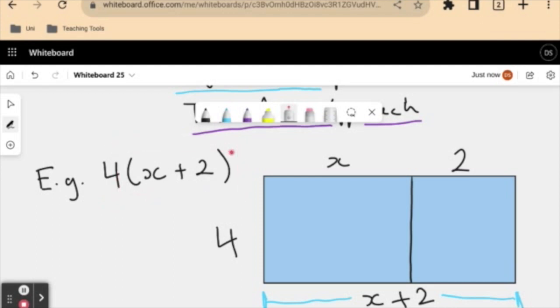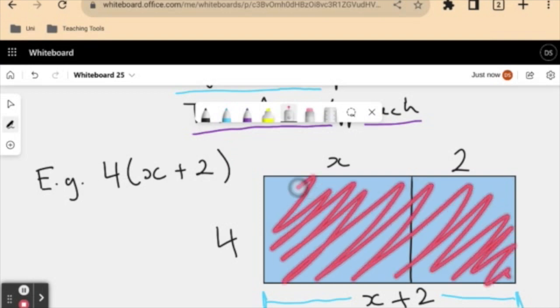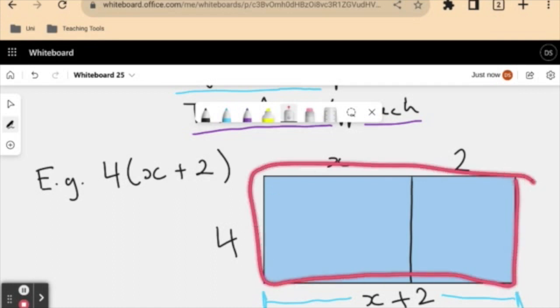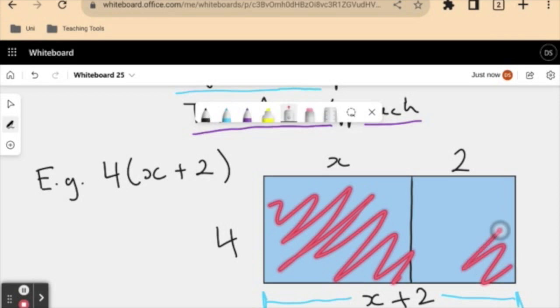Something that can visually tell us about multiplying two components is this idea of area. So what space does this whole rectangle take up? To find the total area of our rectangle, the total area is the sum of these two smaller areas.